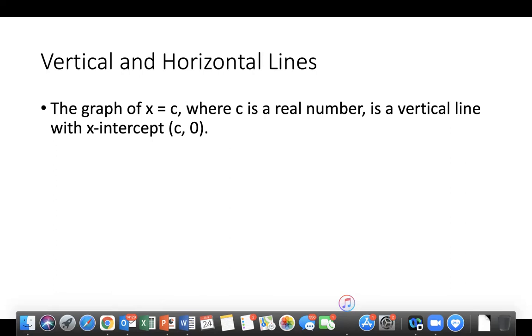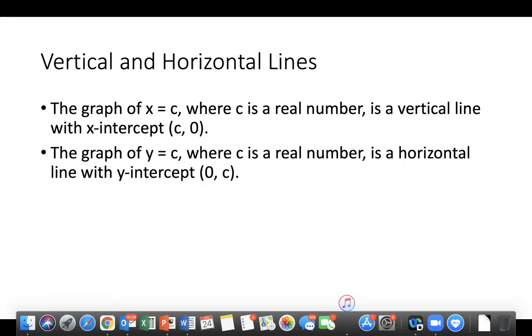So that example that we saw in the last section, x equals -1, had an x-intercept at -1, 0. And the graph of y equals c, like y equals 5, is a horizontal line with y-intercept 0, c. In this case, it was 0, 5. And we will talk more about vertical and horizontal lines in the next section or two.